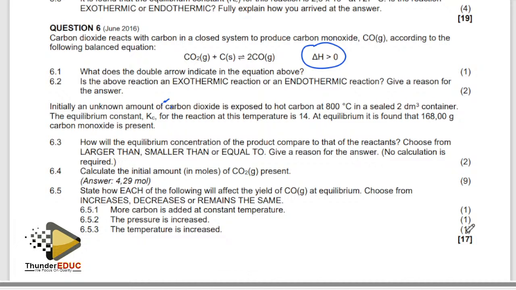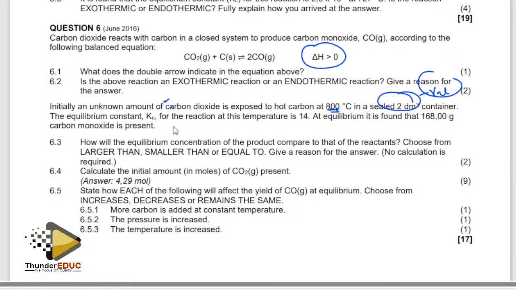All right, let's go through it. They're saying an initially unknown amount of carbon dioxide is exposed to hot carbon. This temperature is not a big deal. This is a very important thing: the volume. You need to know this volume. If it is not in decimeter cubed, you have to put it in decimeter cubed.